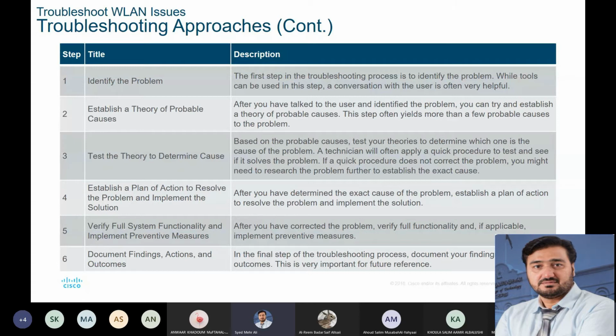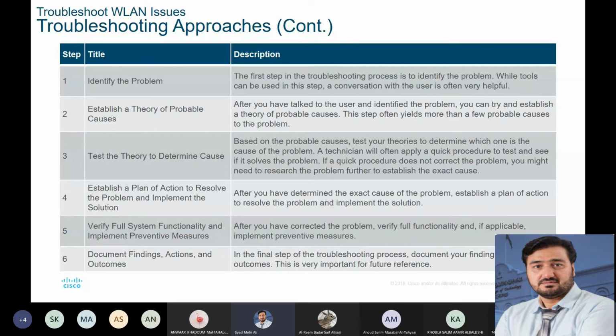A technician will often apply a quick procedure to test and see if it solves the problem. If a quick procedure does not correct the problem, you might need to research the problem further to establish the exact cause. This is step number 3 of the troubleshooting approach.